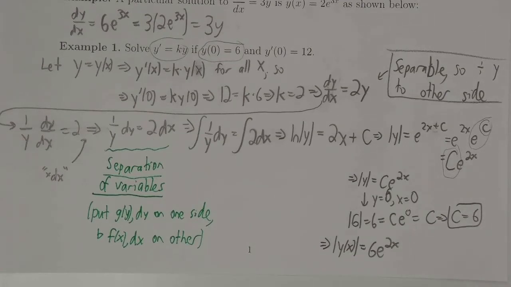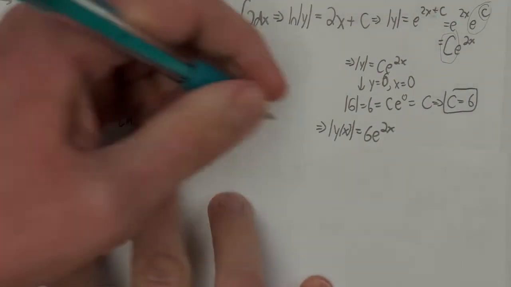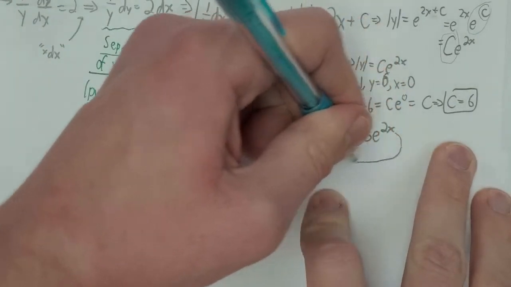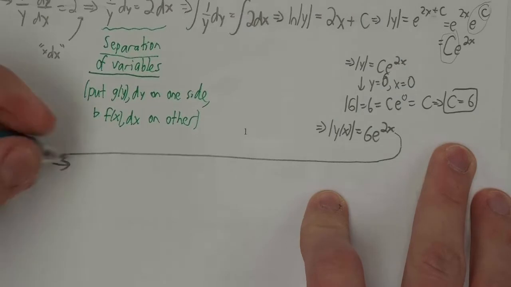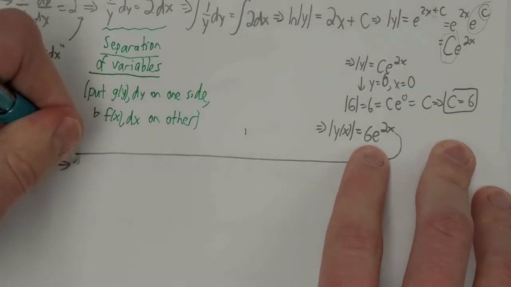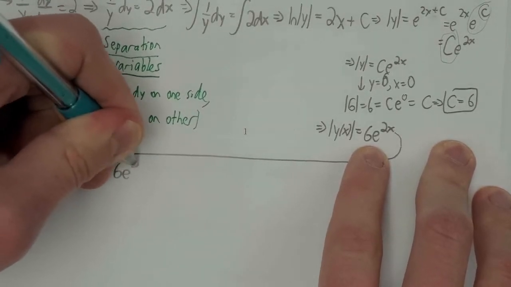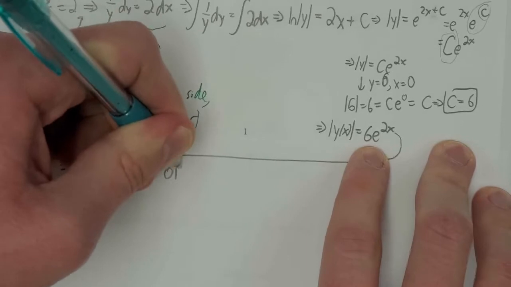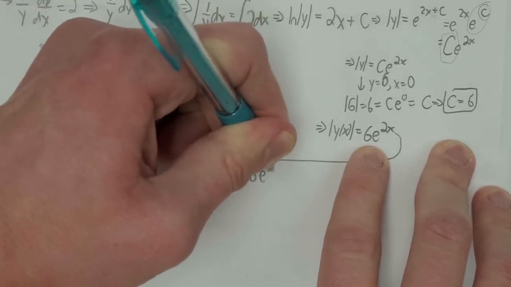Now you might think, all right, well, that's great and all, but we're looking for y of x, not its absolute value. But here's the thing. If absolute value of y is equal to this, that means that y of x is equal to either 6 times e to the 2x, or y of x equals negative 6 e to the 2x, right?